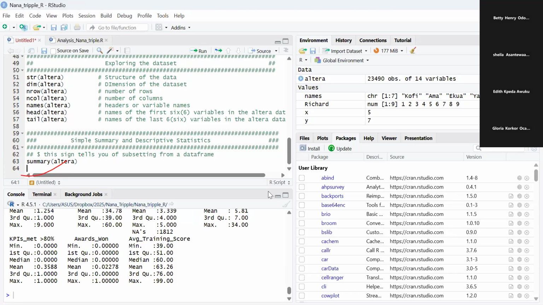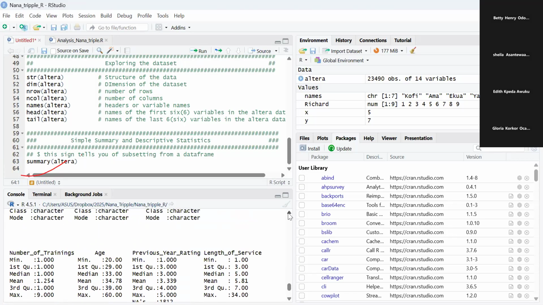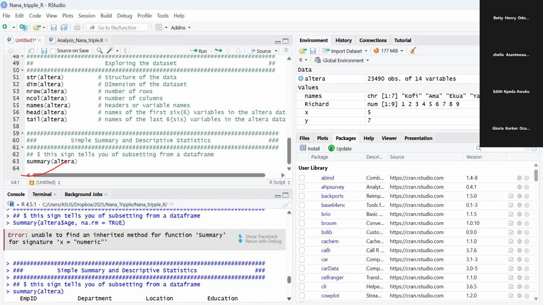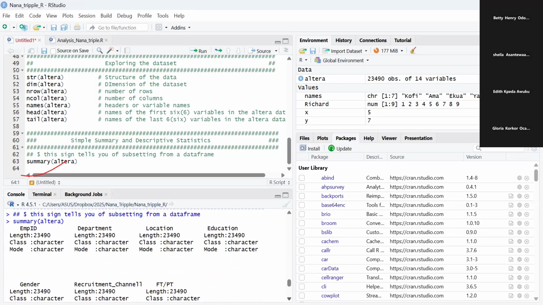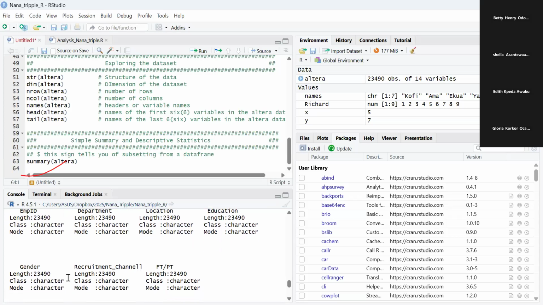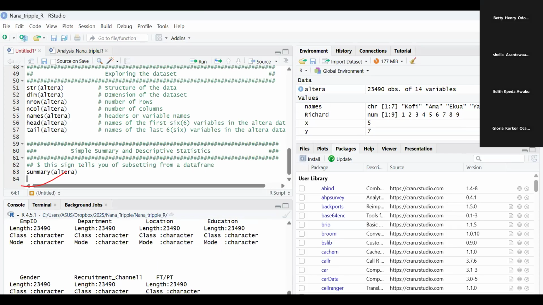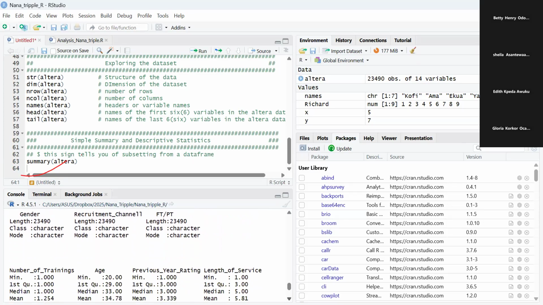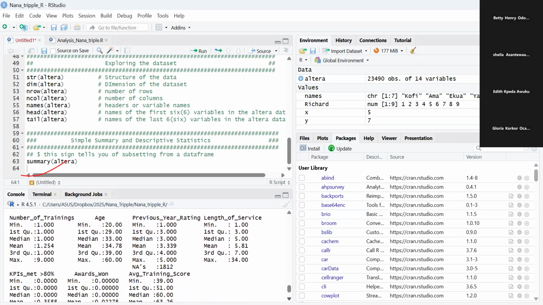So look at it. It gives you all the data sets, the numeric ones. So summary Atera. Those which are not numeric, it will tell you they are characters. Can you see? Those which are numeric, it will tell you they are numeric.